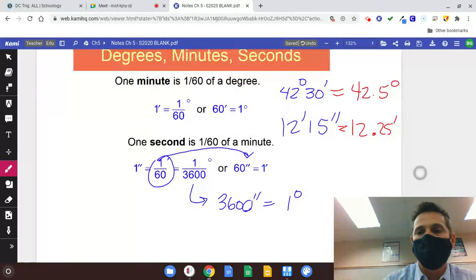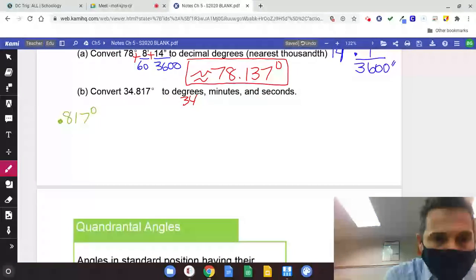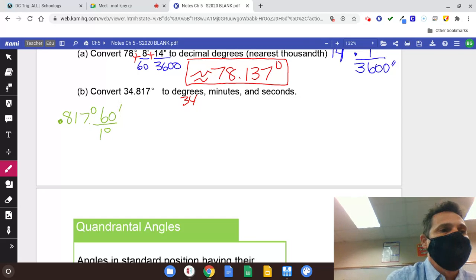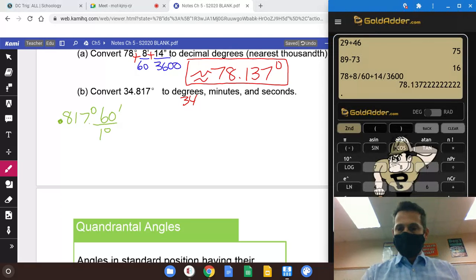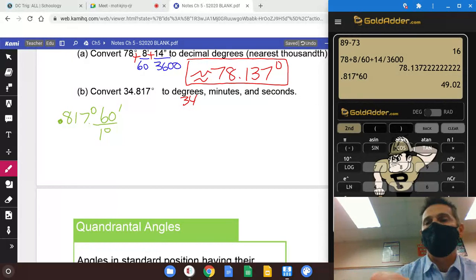So I use that same conversion factor. I put degrees on the bottom so it'll cancel. So 0.817 times 60 is going to give me my minutes. 0.817 times 60 is 49.02 minutes.